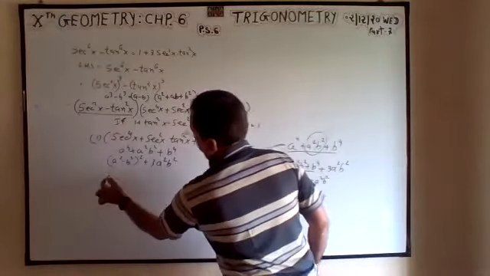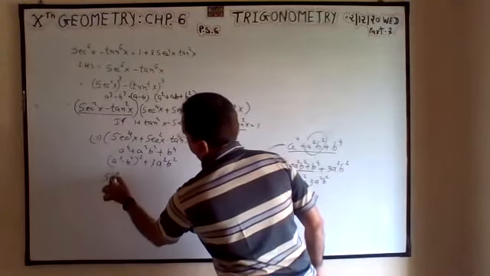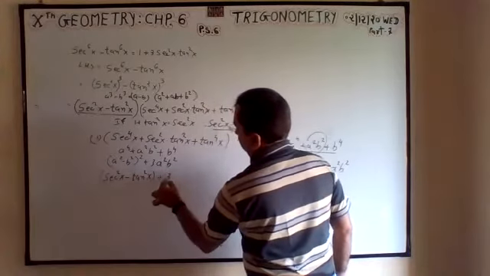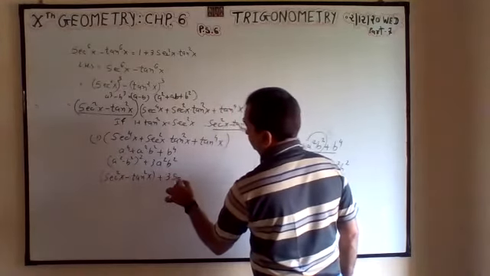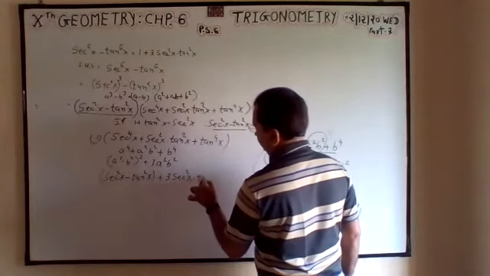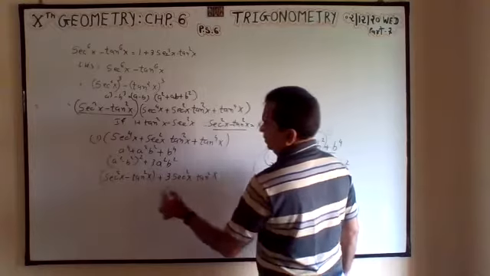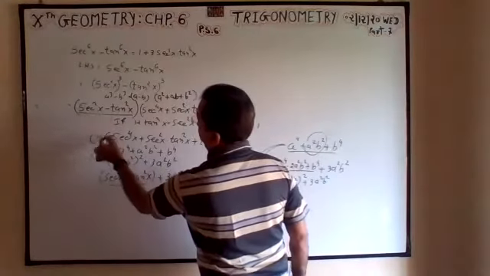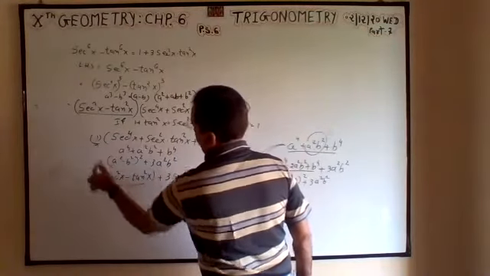Now what is a square? What is b square? What is a square? What is b square? Now again this we have substituted 1, no? Again 1.